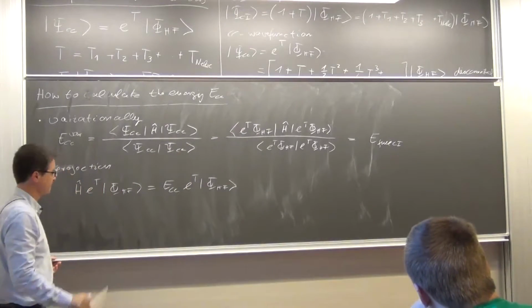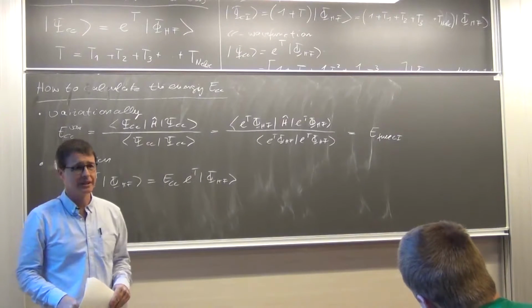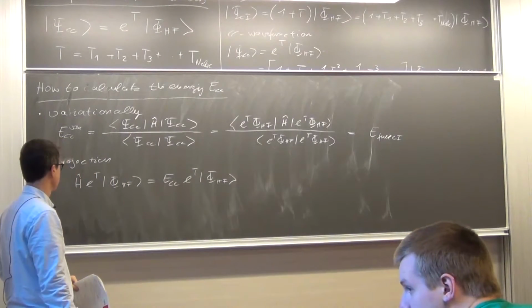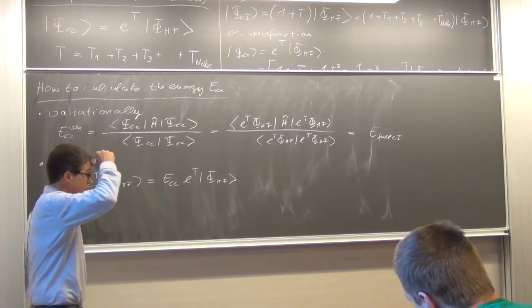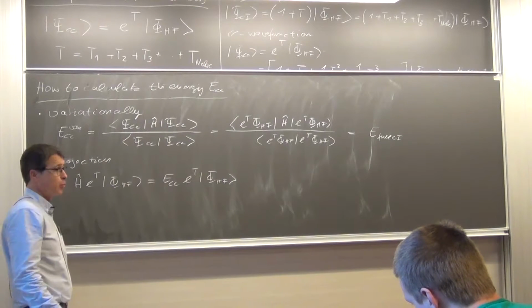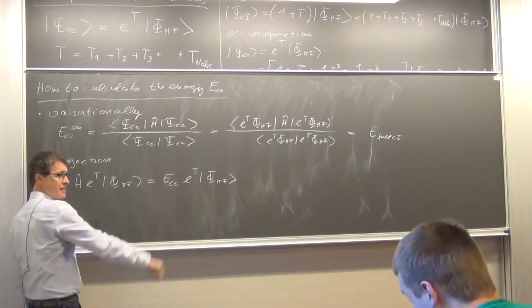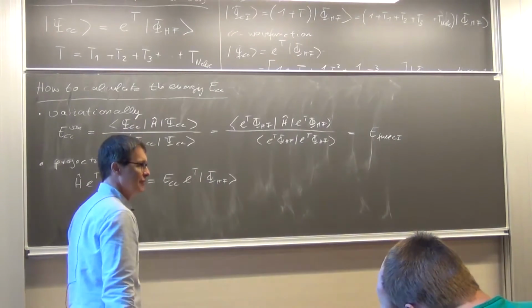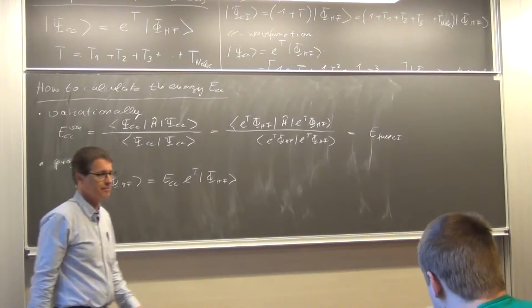That's our Schrödinger equation, and we could call it, if you want to, the coupled cluster Schrödinger equation. It's just the coupled cluster wave function inserted in the Schrödinger equation. And now the question is, in which way can I isolate E_CC from this equation? I want to reformulate that equation so that I have E_CC equal to something.